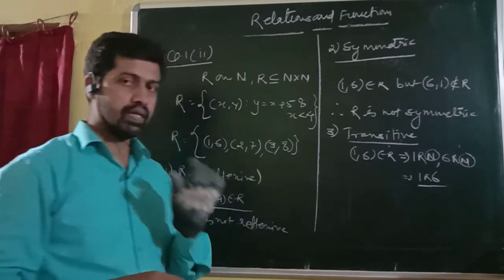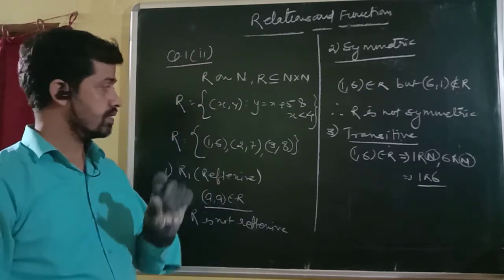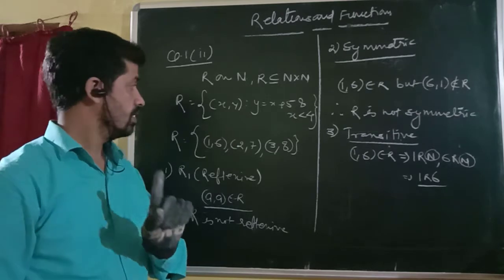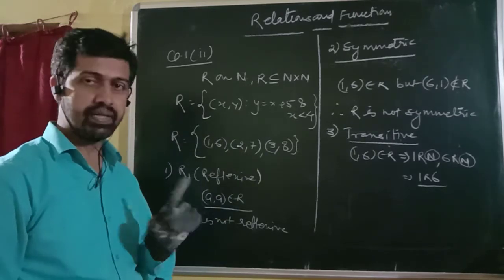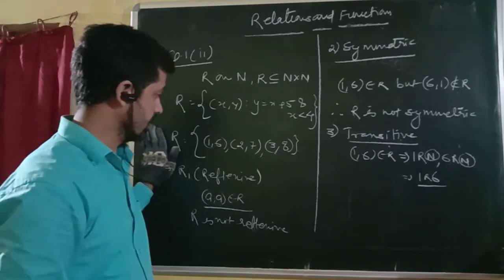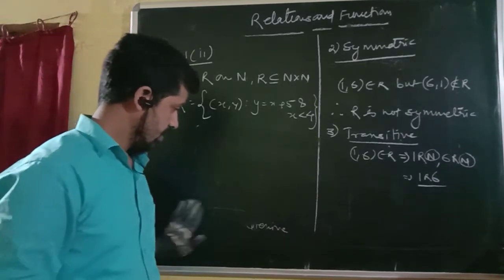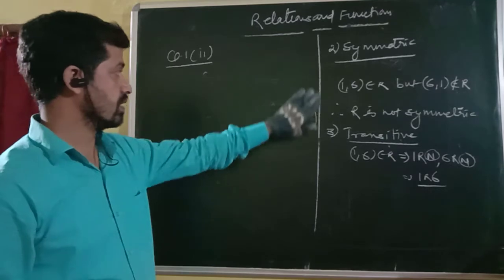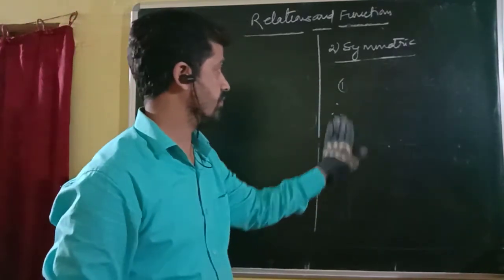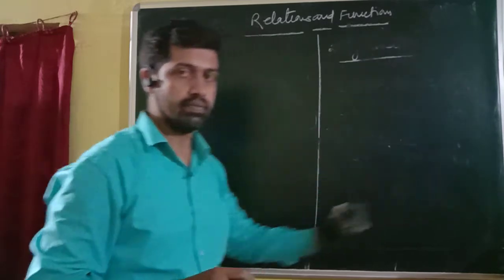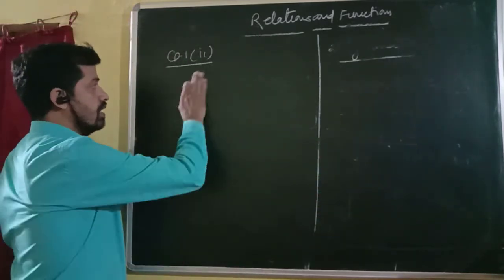Now, one very important aspect that is asked for 1 mark is how many reflexive relations there are. We will discuss this just now. That question is of 1 mark, children. First, we write a formula.